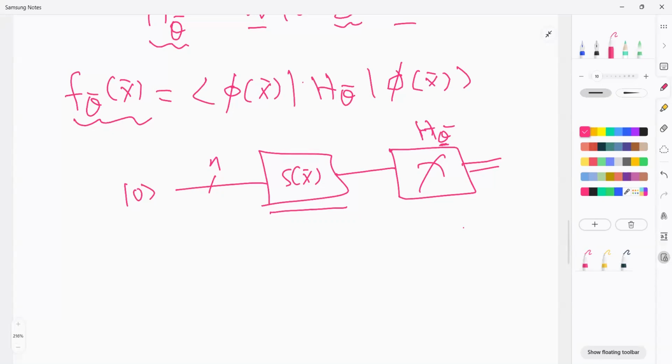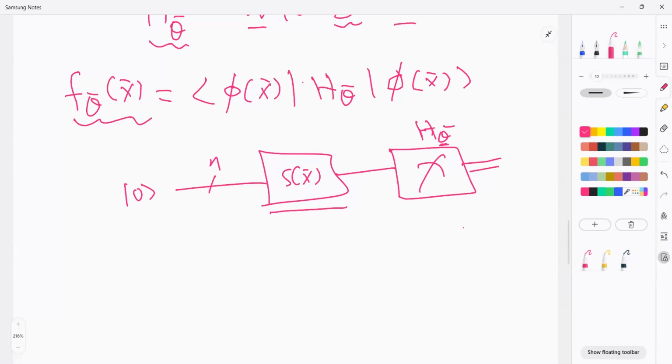So varying theta is essentially equivalent to finding a measurement operator that, when we measure it, gives us a model that classifies our data in the best possible way.